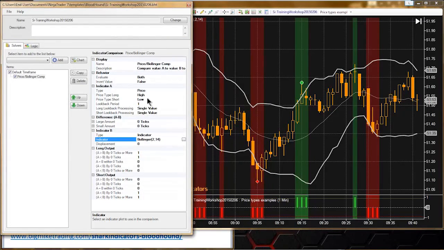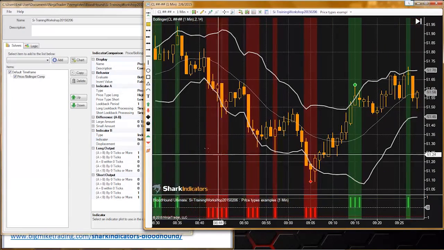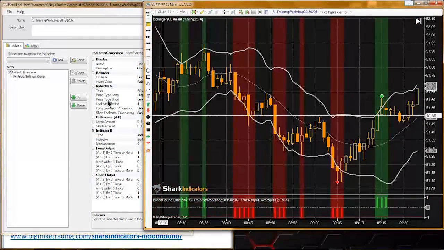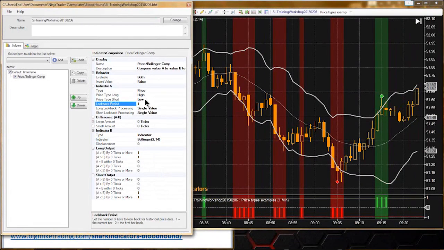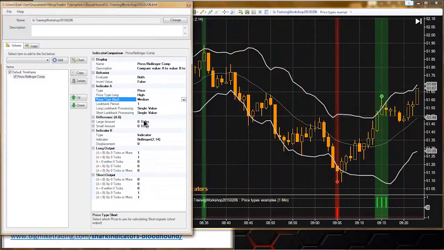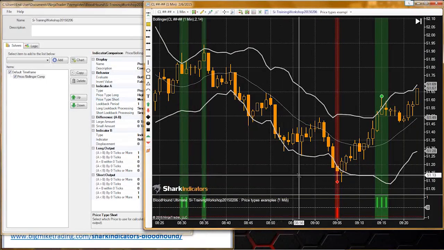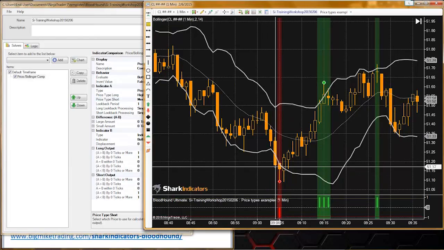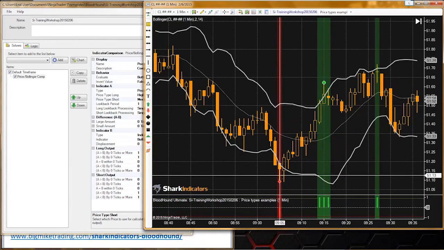Let's see. I'm trying to think of another example here. Well, let's see if this ever happens. Let's say I want to know if the median of the bar breaks below the band. Wow, on this bar here, it looks like almost the whole bar is below the band.